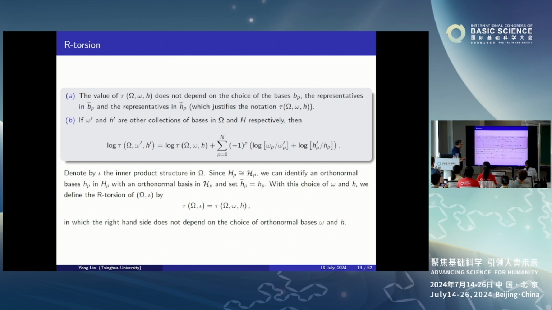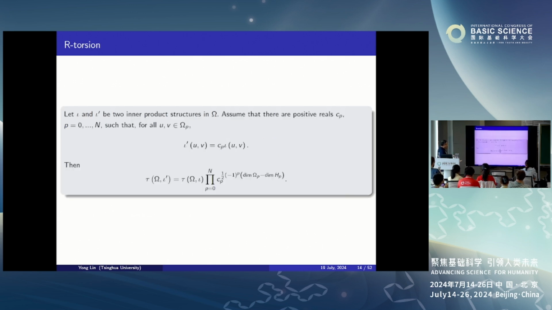In this case, the torsion only depends on the omega and the inner product iota. If you give two different inner products, for example iota prime and iota having this relation, then we can calculate the torsion for iota prime like this on the right-hand side, which depends on this constant Cp.